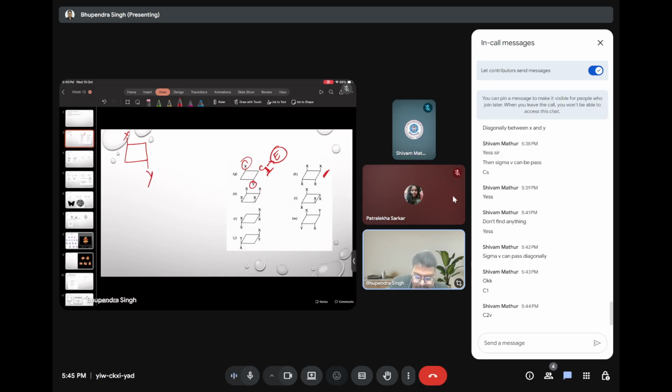So Shivam is saying C2v. One C2 I can find here.